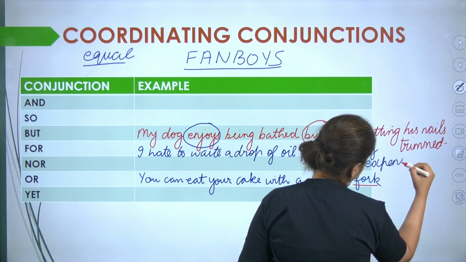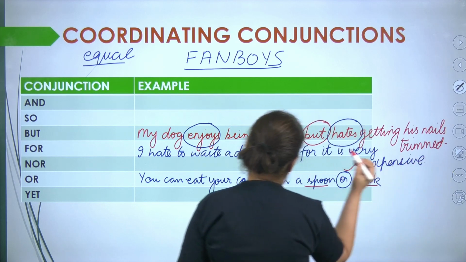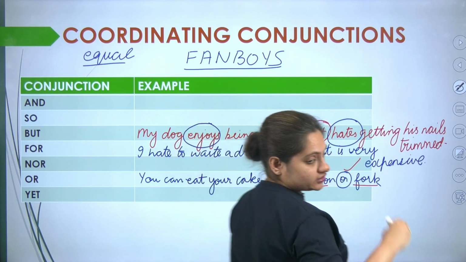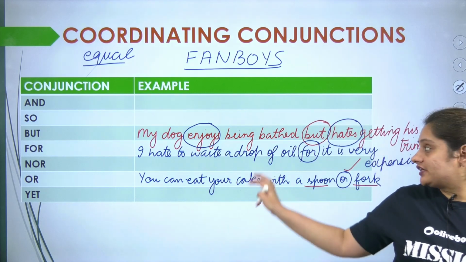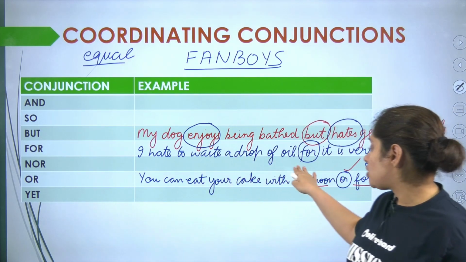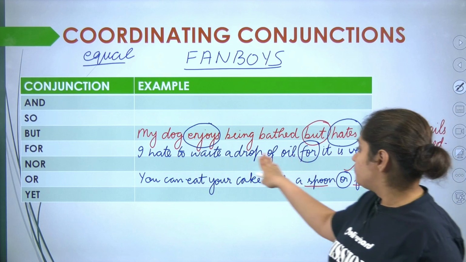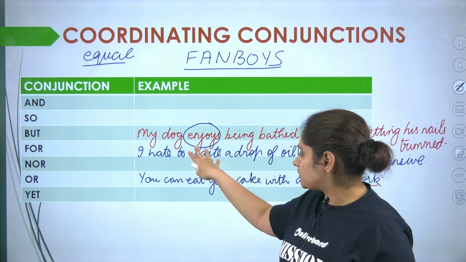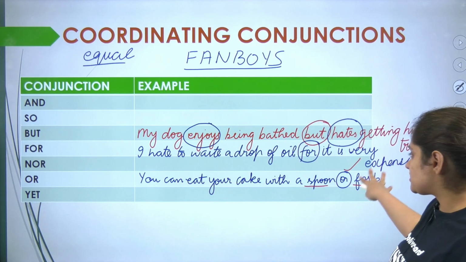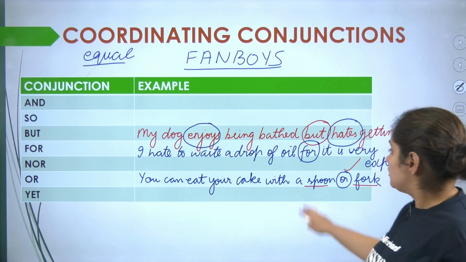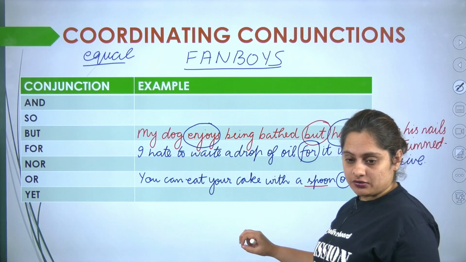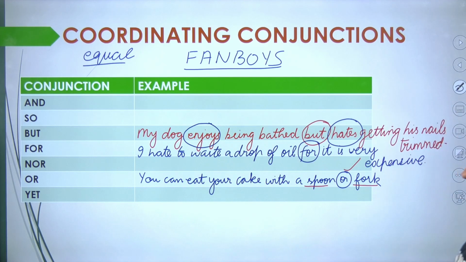Now you understand. Here some people question why for. You can also use for to give a reason why he hates to waste a drop of oil, because it is expensive. Both parts are equally important: hate to waste, and why, the reason, it is expensive. So for is for reason. Are you getting it?